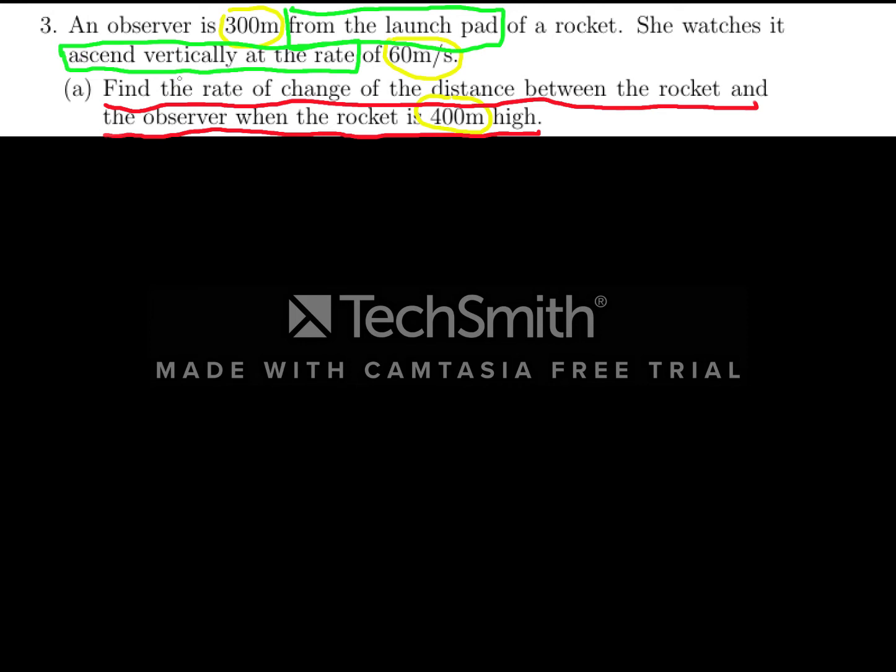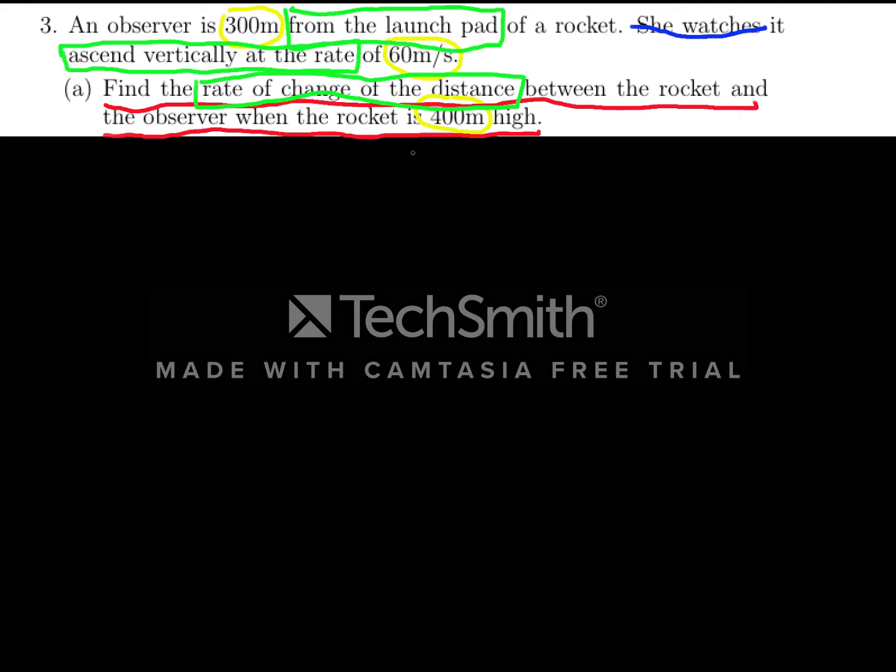And we want to find the rate of change of the distance between the rocket and the observer. That's a rate of change, another derivative. And extraneous, I guess we could say we don't care that she's watching it. Everything else seems fairly important.